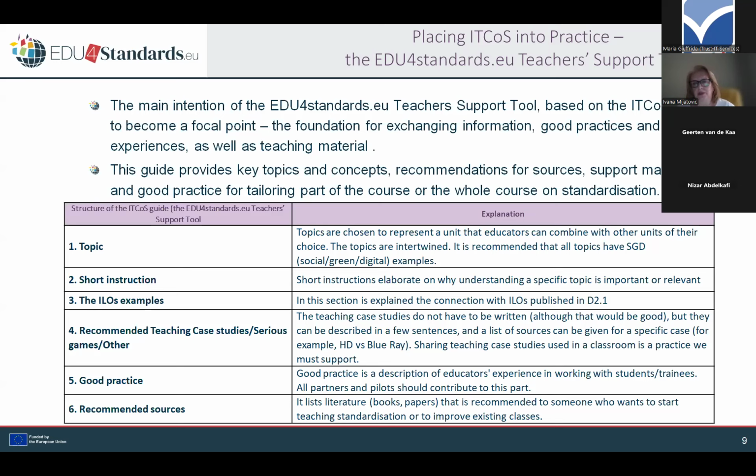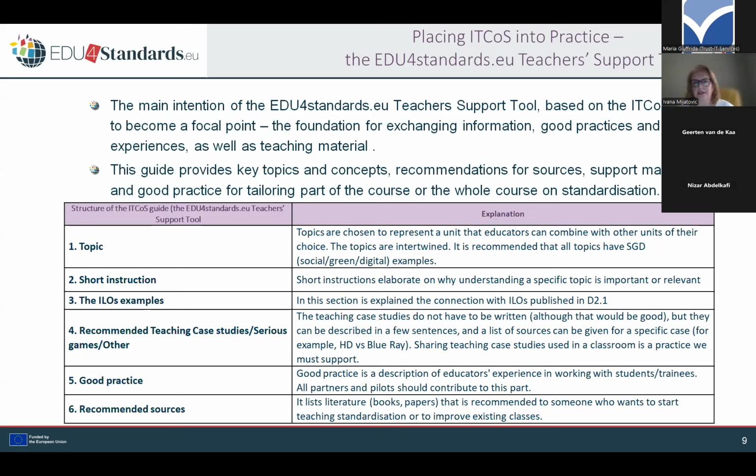The topics are interconnected, and one recommendation is that all topics have social, green, and digital examples. After the topic, which is often only a name, a short instruction is given, which is a paragraph or 2 elaborating why understanding this specific topic is important or relevant.